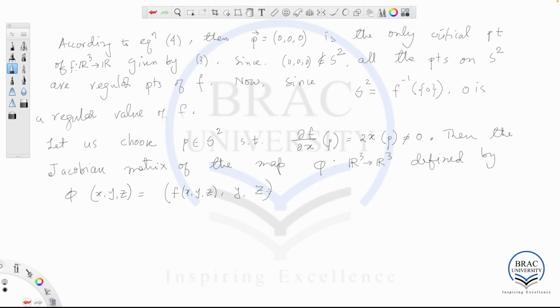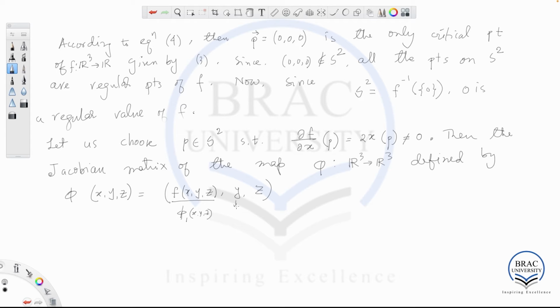The first component of this map phi is f of x, y, z, that's phi 1 of x y z.